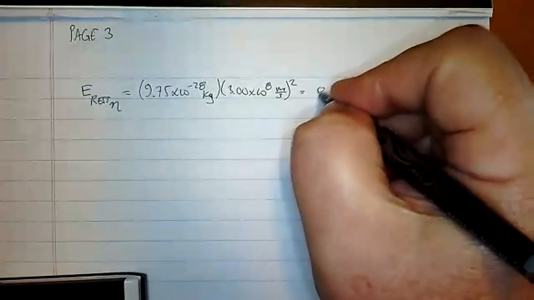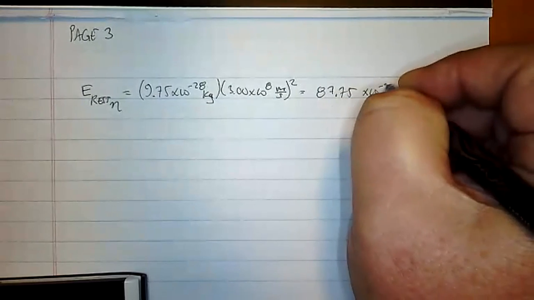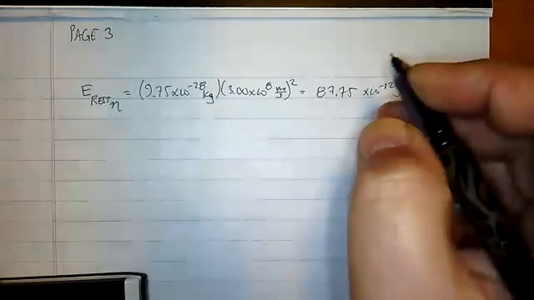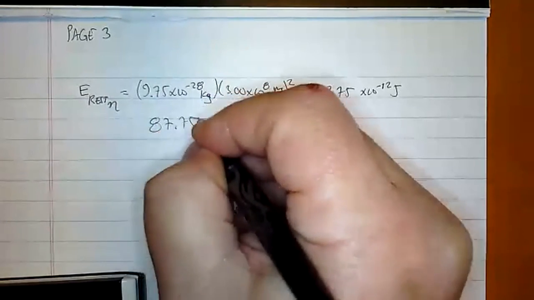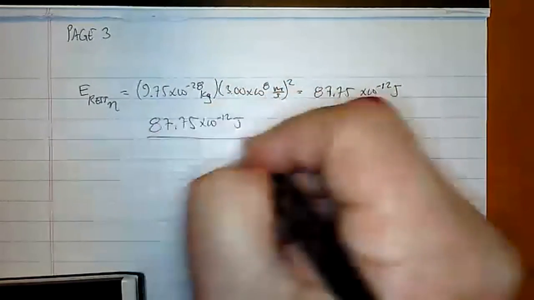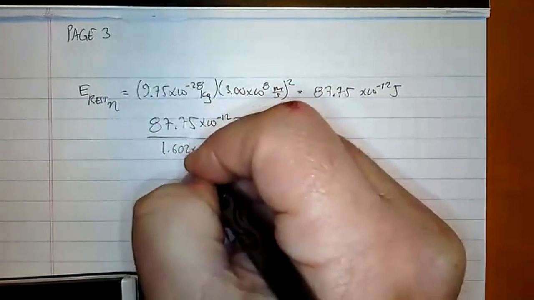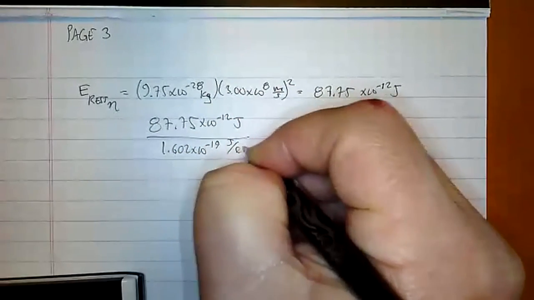This gave me 87.75 times 10 to the negative 12th joules. Then I took that and divided it by 1.602 times 10 to the negative 19th joules per electron volt.